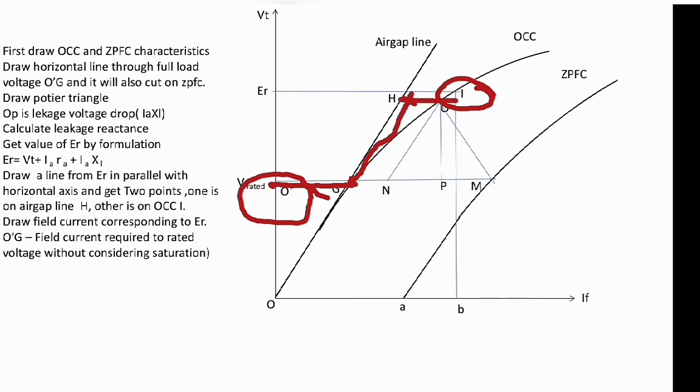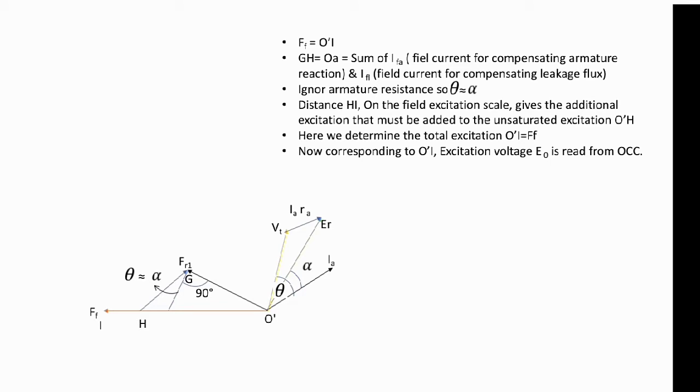If we get the total field current O dash I, then corresponding to this field current we will get the final EMF output. So let's see how we get it. Here you see O dash I, which is the final thing we want.